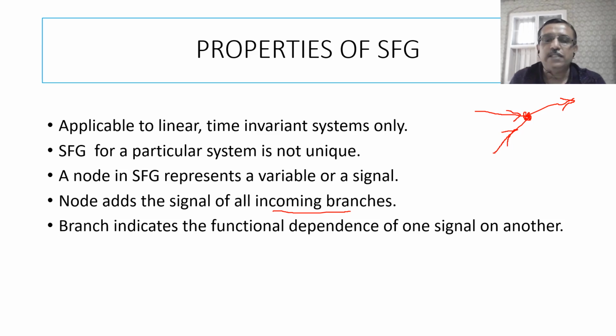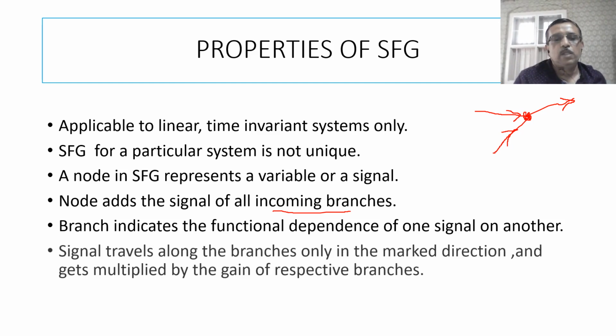Branch indicates the functional dependence of one signal on another. Signal travels along the branches only in the marked direction and gets multiplied by the gain of the respective branch. Suppose here I have x1 and gain is g here, and here it is x2, and gain is 1.